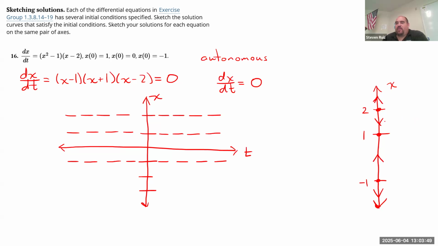All right, so now I'm going to bring this phase line arrangement back to my diagram, or my slope field. So below my least equilibrium point, I'm going to have slopes that look like this.